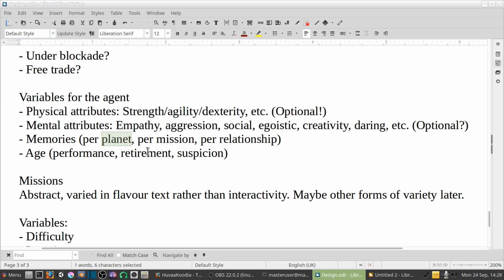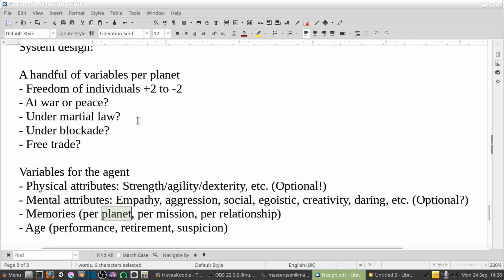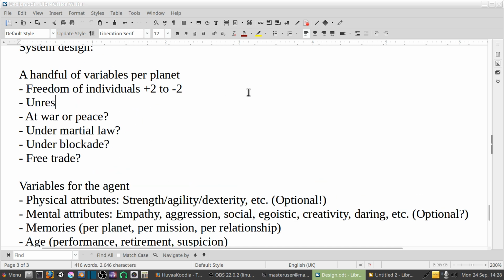And also, if the planets can change owners, that's going to be even more difficult, because certain things don't change, like some locations might not change, but then the government changes completely. The level of unrest changes. So that's an important variable.